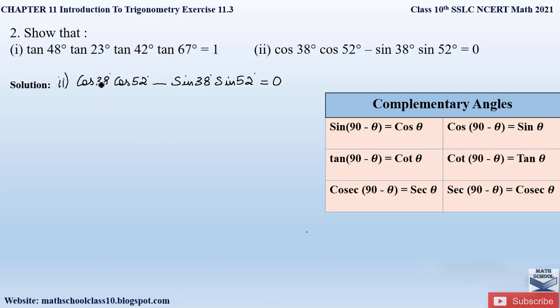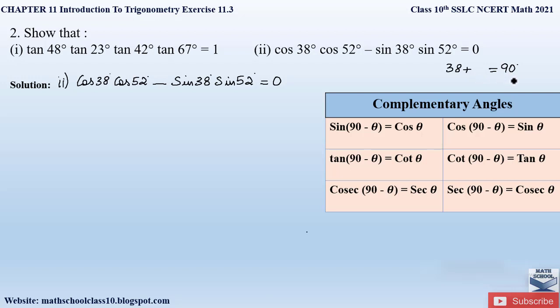Here again you can observe that we have two angles, that is 38 degree and 52 degree. So we are going to change any one of the angles, either the 38 degree angle or the 52 degree angle. If you take 38 plus some value, the result should be equal to 90 degree to form a complementary angle.